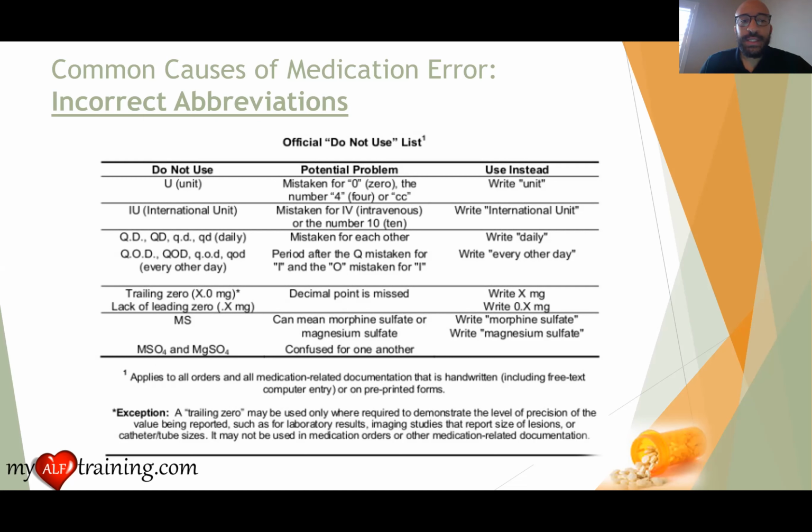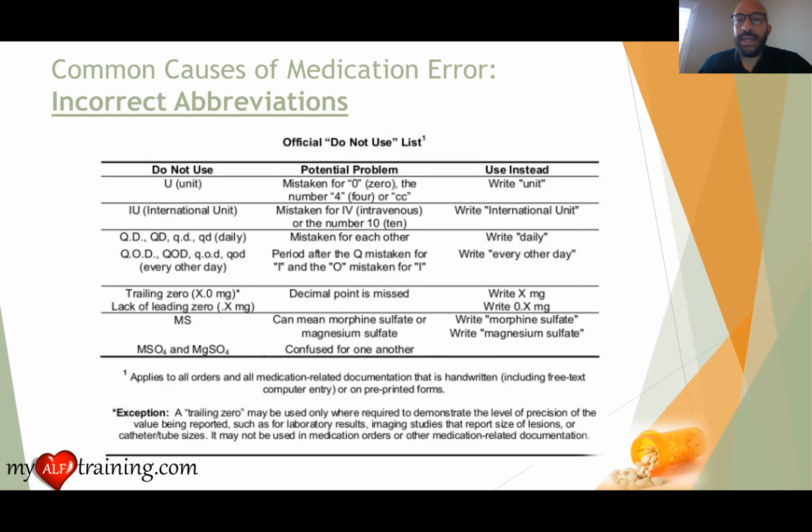So trailing zeros, lack of a leading zero. This is the fourth row down on the far left column. A decimal point can be missed. That's the potential problem. So instead of using trailing zeros, write X.